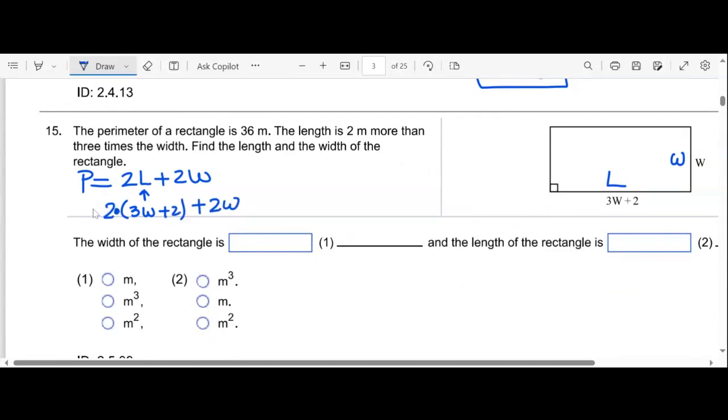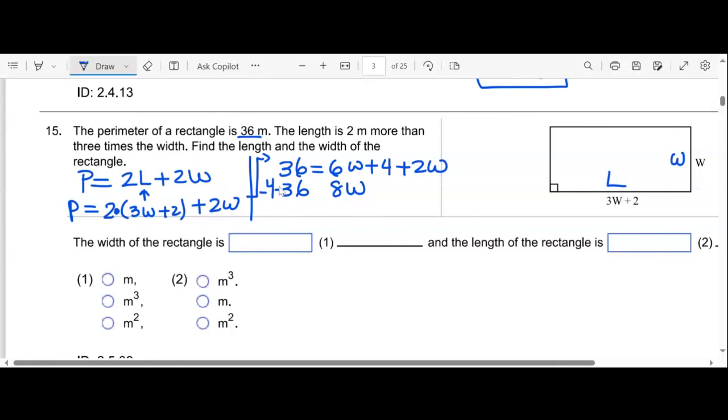Plus 2W. Okay? I will continue on the other side here. How much is the perimeter he said? So you put 36 equal 6W plus 4 plus 2W. They give you how much? Move the 4 to the other side, it becomes what?